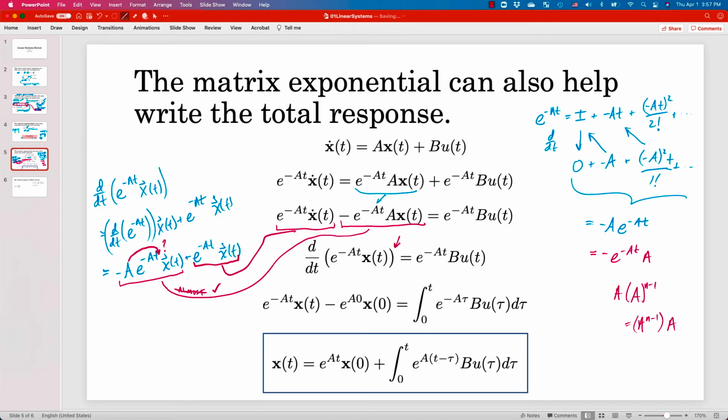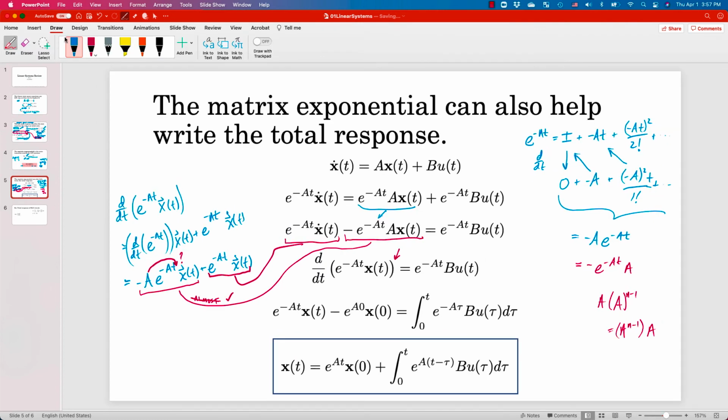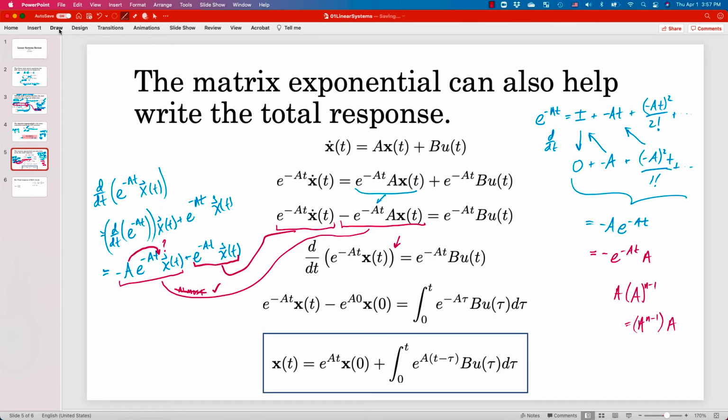And then what we're going to do is actually integrate both sides. The other way to think about the matrix exponential is as an integrating factor, if you want to connect this to your differential equations classes.